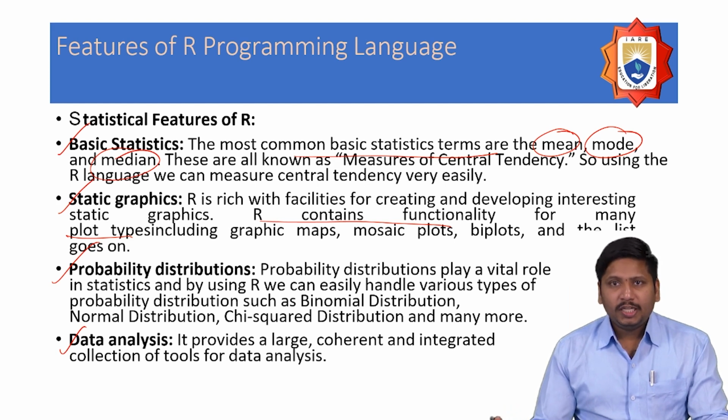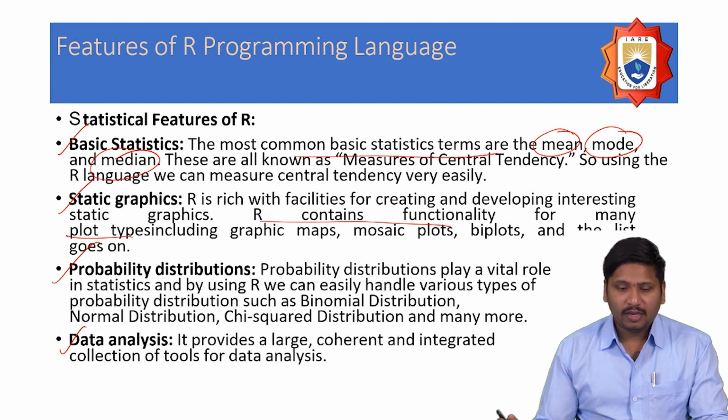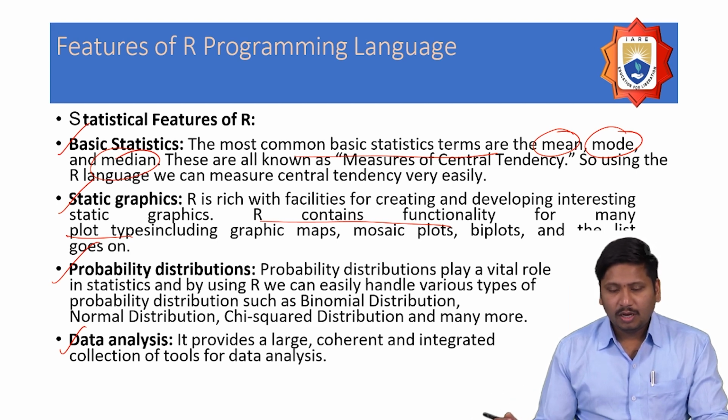And then probability distribution is the other statistical feature of R. Probability and distribution play a vital role in statistics, and by using R, we are able to easily handle a variety of probability distributions, like binomial distribution, normal distribution, and chi-square distribution.